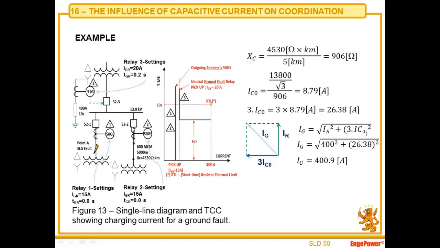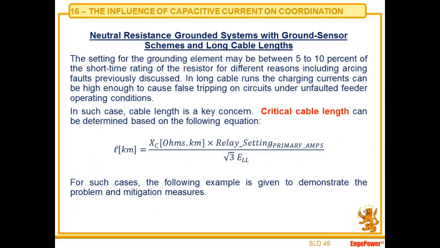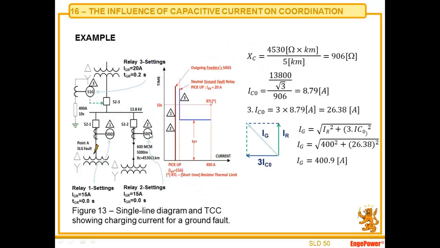So this feeder will trip as well. So for a short circuit here, this circuit will trip also. And this is not correct, and this is not desirable. So when you have a low resistance ground system and long length runs, it's very important that you take care of the situation that may happen in your system.